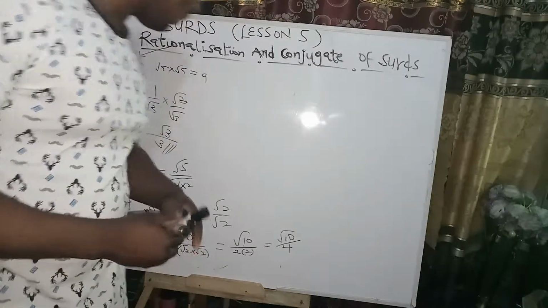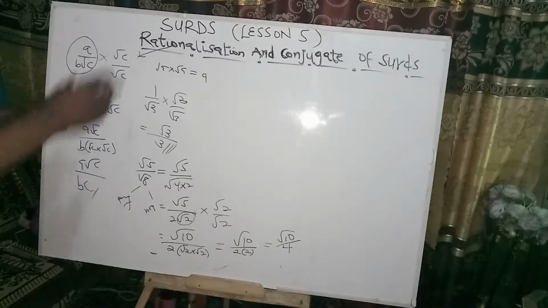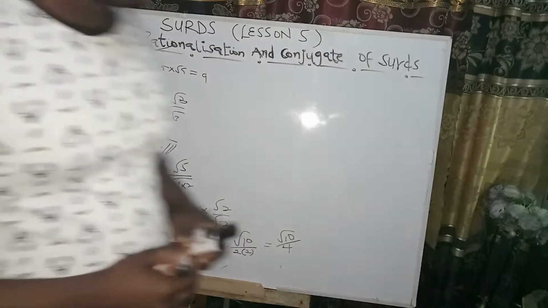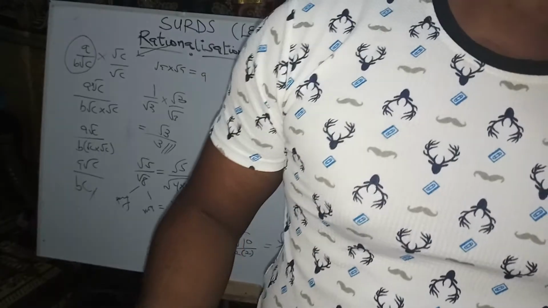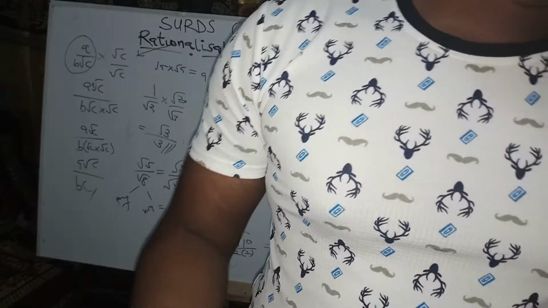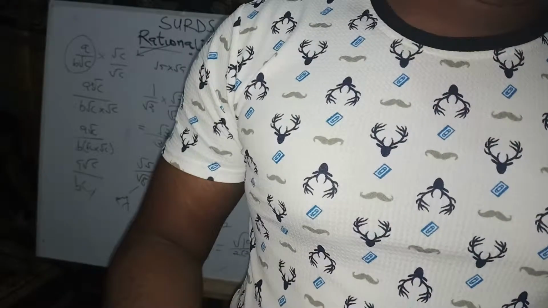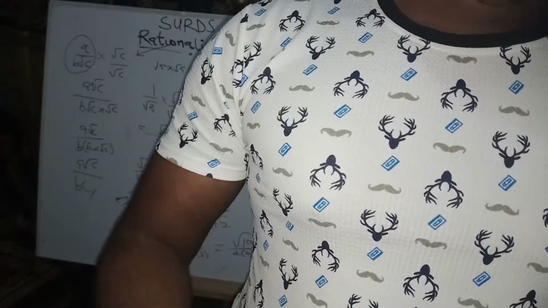Okay. Let us look at conjugate of surd. When we talk about conjugate of surd, it's also very simple. Conjugate of surd simply means changing of the middle sign between 2 terms.